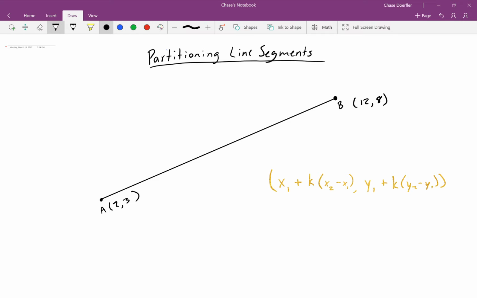Now, let's say that I need a point that will partition the line segment in a 2 to 4 ratio.